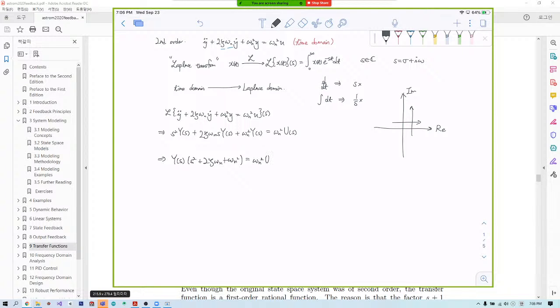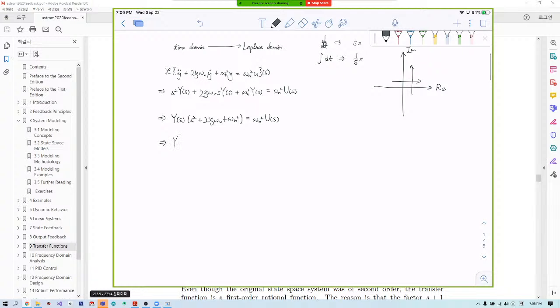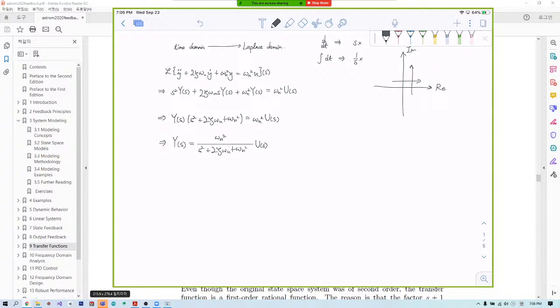Omega n squared times U(s). And reorganizing everything in terms of Y(s), we have Y(s) equals omega n squared divided by this entire expression in this parenthesis, times U(s).